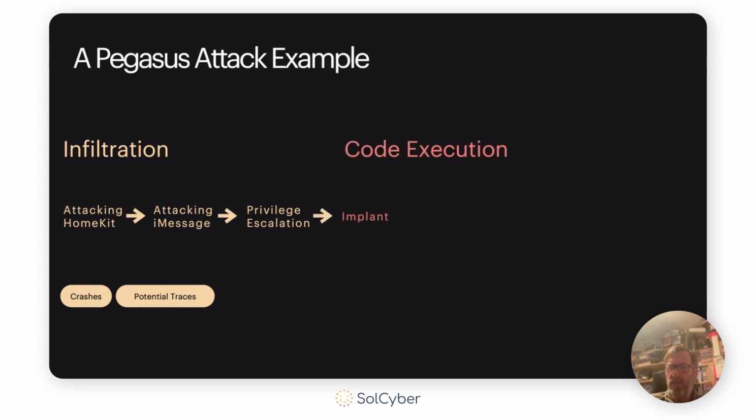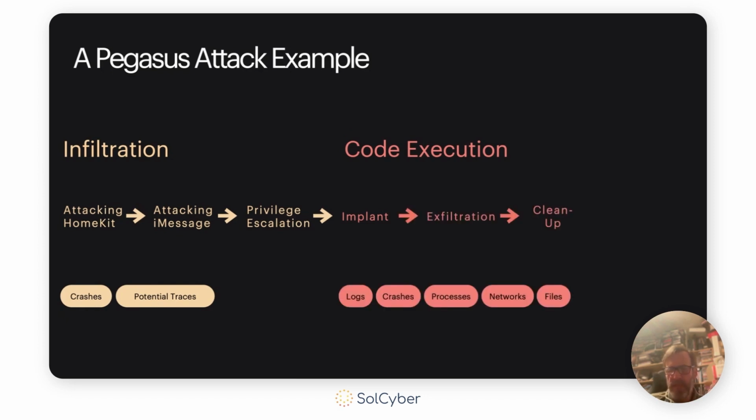Once that code execution happens, the implant, the exfiltration, and the cleanup all affect logs, crashes, processes, networks, files. So we have many places that we can look in that OS data to find this stuff before it's cleaned up. And then it will clean itself up and exit the device, delete the log files, and away it goes.